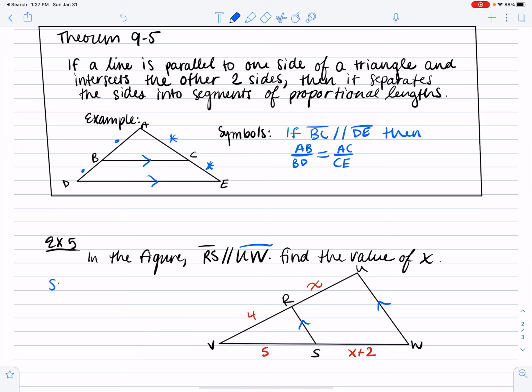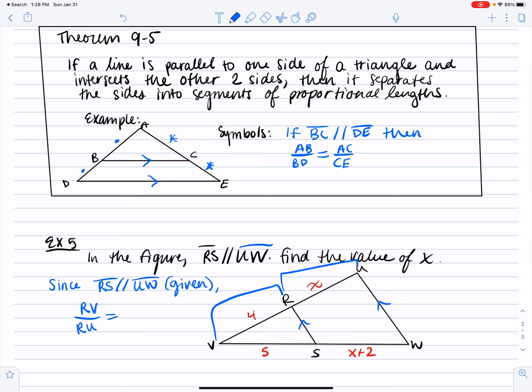Okay, so in this one I'm going to write, since, I do need to start with a sentence, since RS is parallel to UW, which is given, we can write that RV, so we're going to split this side into two, so RV over RU equals, and then we're going to do the same down here, SV, we're going to split it into two right here, and over SW.